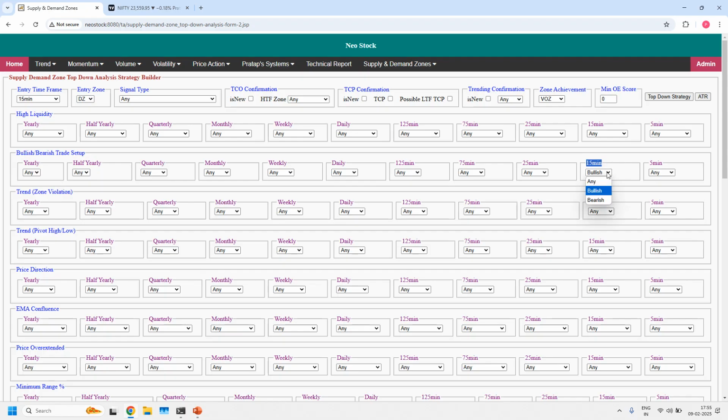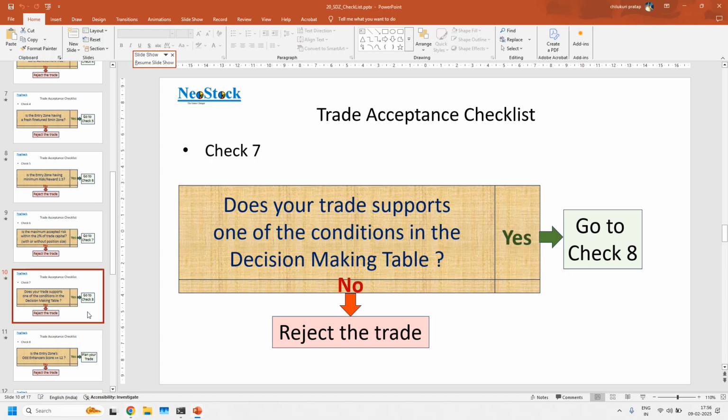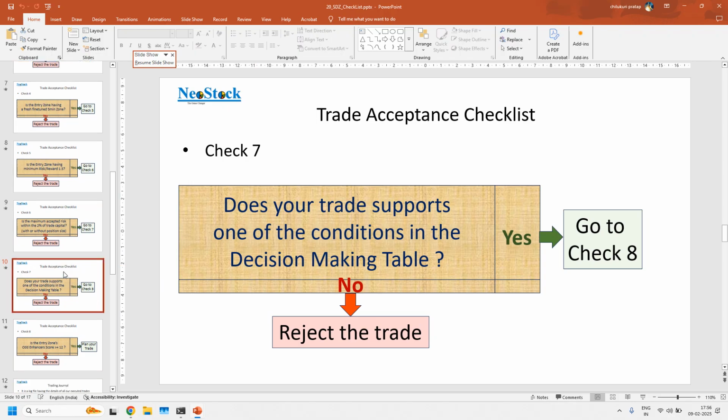The moment I select bullish, the decision making table for bullish trade setup will be applied by this filter. It will take care of all those rules, so you save a lot of your time here. Whatever rules you learn in decision making, our software will take care of all of them. Okay, fine. So we need not worry about this checklist 7.